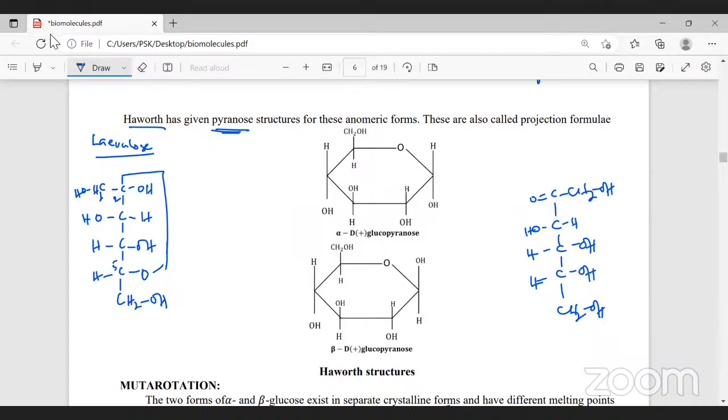Similarly, here also, the hydrogen atom of the OH group attacks the oxygen. So the pi bond breaks, and the 2nd carbon atom and the 5th carbon atom get bonded through oxygen. This is alpha D minus fructose. And this is beta D minus fructose.